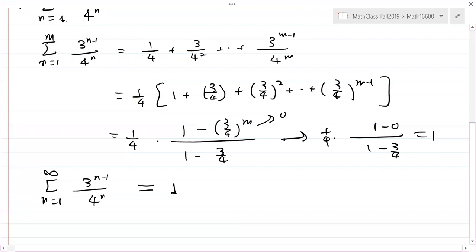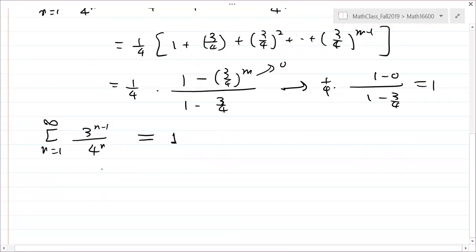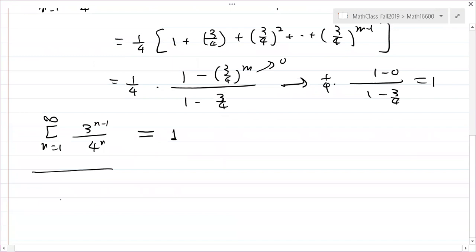Another proof, you don't need to go through all the arguments, repeating the argument we did for the geometric series. All you have to do is look at this series, and this is a geometric series because of 3 to the n minus 1 over 4 to the n. The standard geometric series is in the form ar to the n.